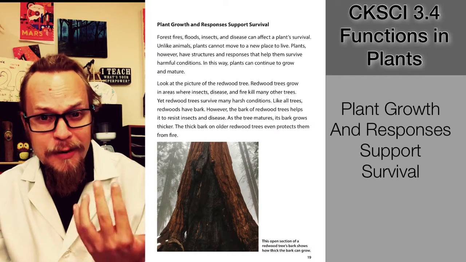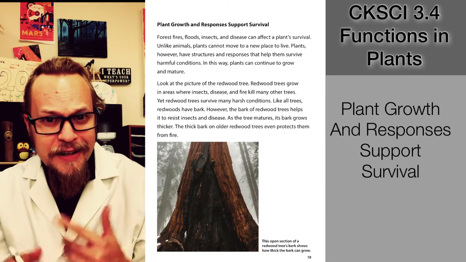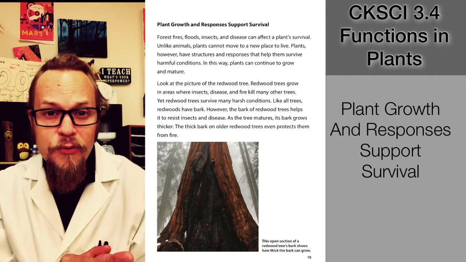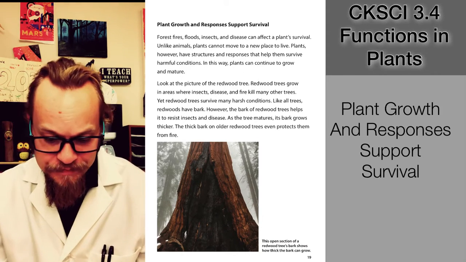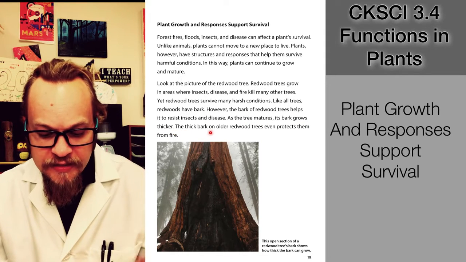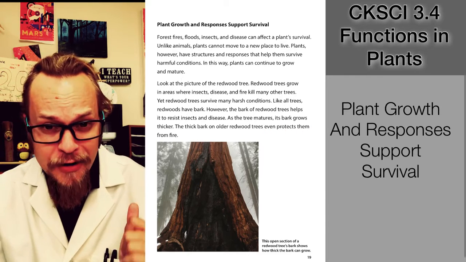And if you ever get a boo-boo, you wash your hands real good and you get a Band-Aid on it, until you get a scab that goes over and can protect you from any germs entering. Well, as the tree matures, its bark grows thicker. The thick bark on older redwood trees can even protect it from some fires.